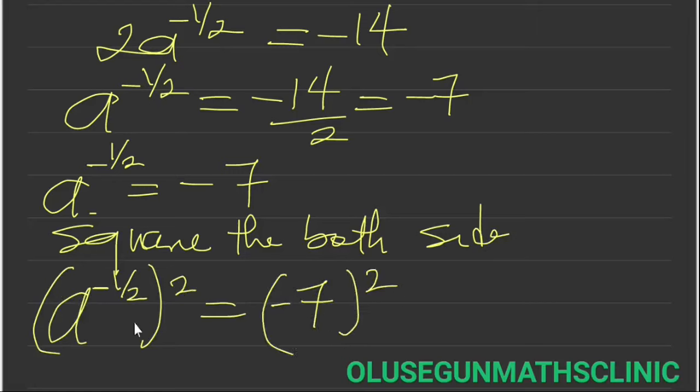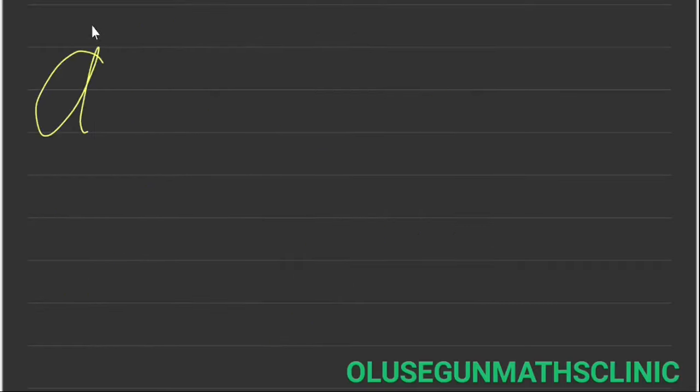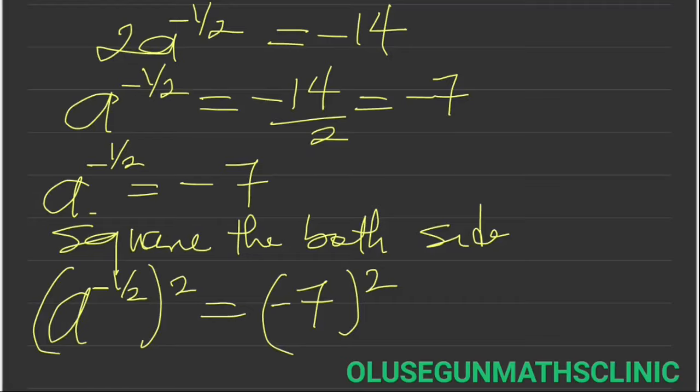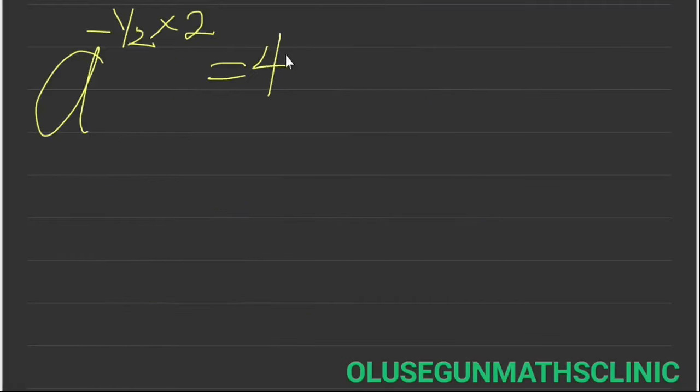If you square this, it will give a raised to power minus 1 over 2 times 2, is equal to minus 7 squared, which gives 49. So this will cancel this. A raised to power minus 1 is equal to 49.